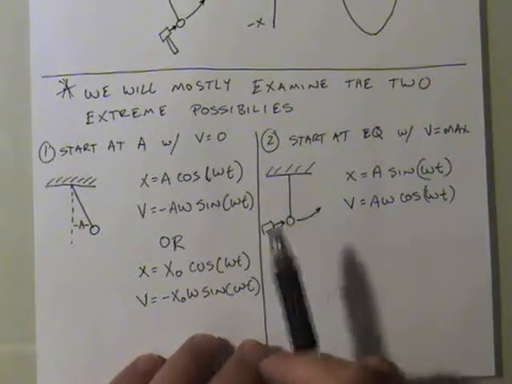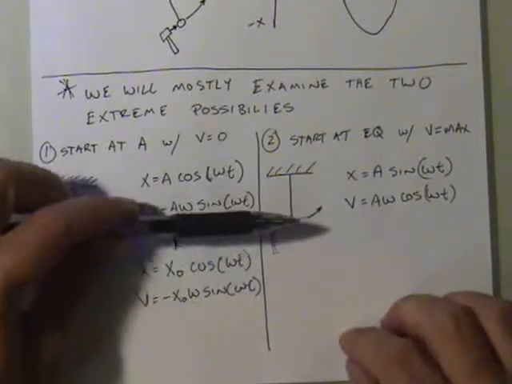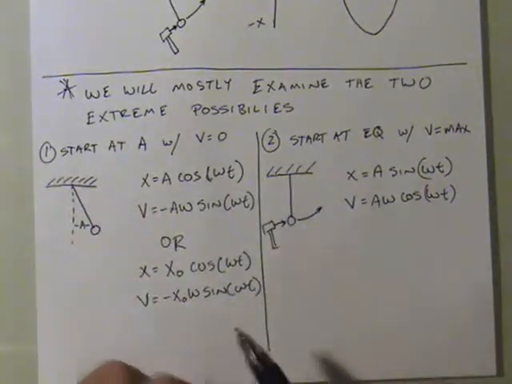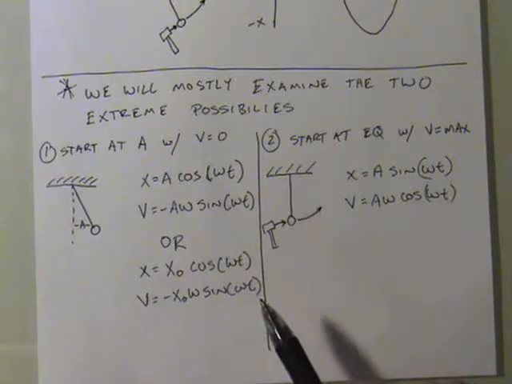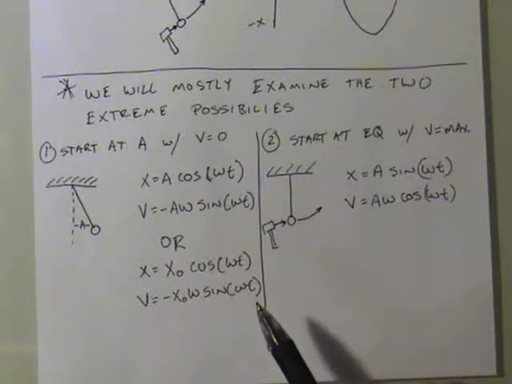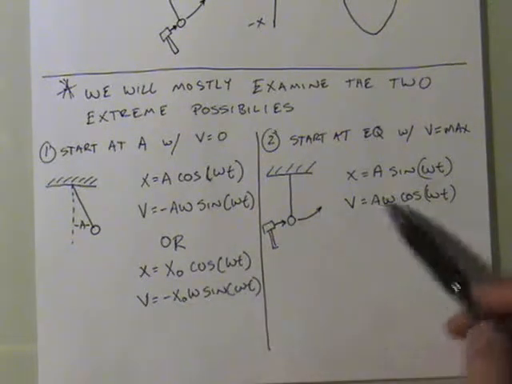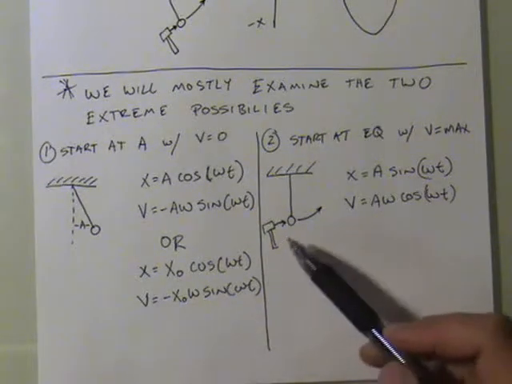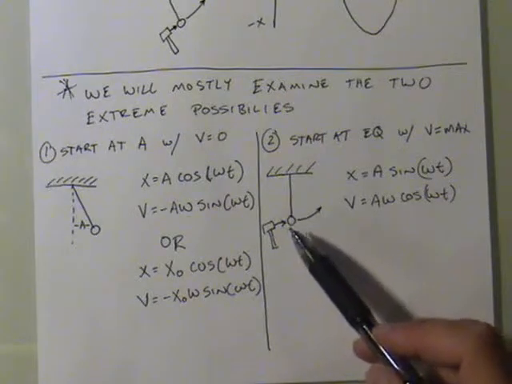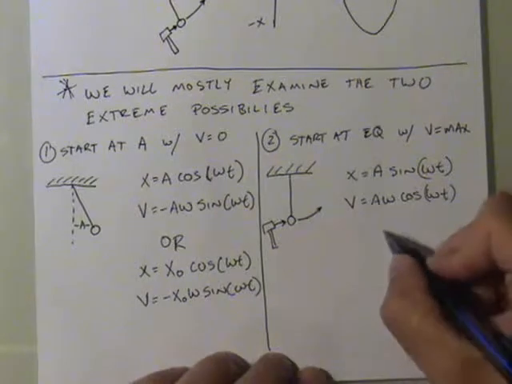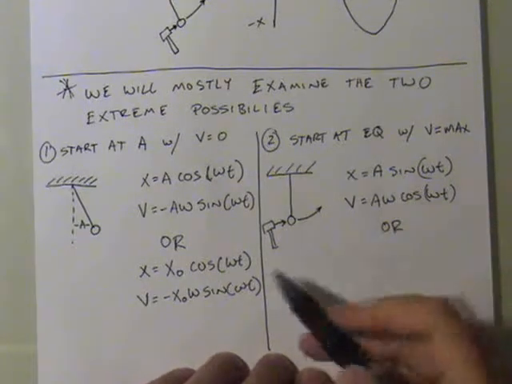When we strike this thing, it will be moving with its maximum velocity, and it will be moving in the positive direction. So there is no negative sign in front of this. That's really for you to think about, to decide whether there should be a positive or negative in front of that velocity equation. You just have to sit and think about the direction that it's moving relative to which side that it's starting on.